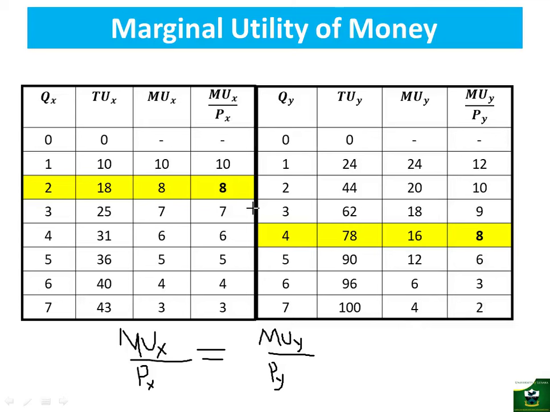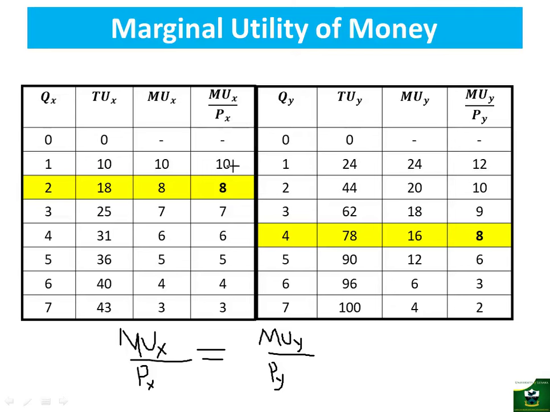Now that we have our ratio of marginal utilities to price for both X and Y, we can determine our consumer equilibrium. For equilibrium to exist, the value obtained here and the value obtained here must be equal. For a student, it would be nice to start checking what value we have here that also exists here.